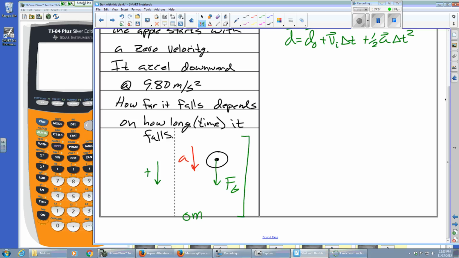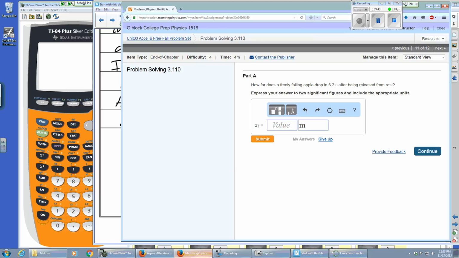So we're going to call this height here negative h, because it's upward, which is negative, and it's at a value of h. So what we're actually looking for is the value of h, because it asks us how far does a freely falling apple fall from rest?